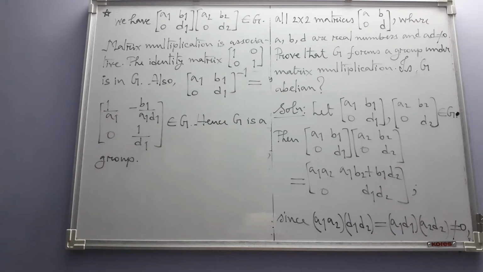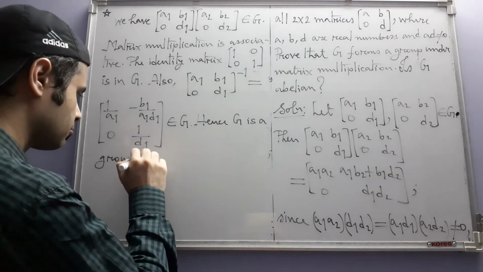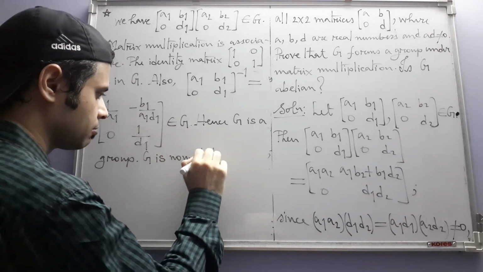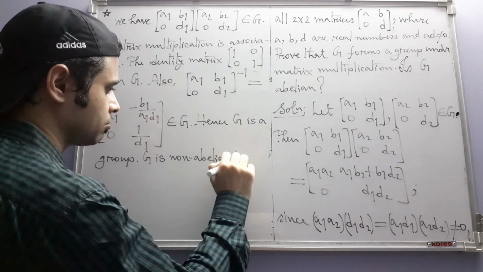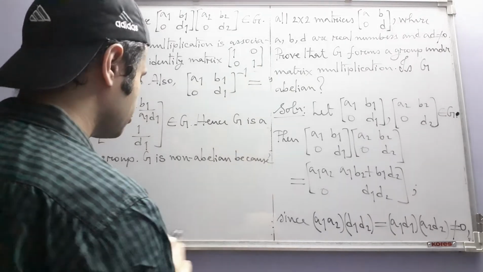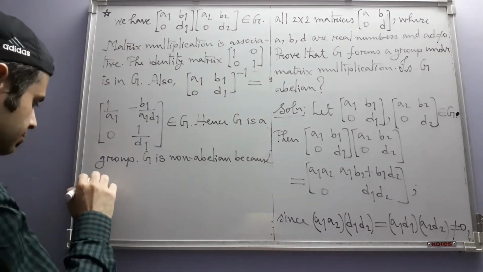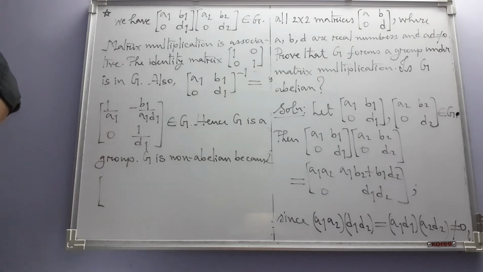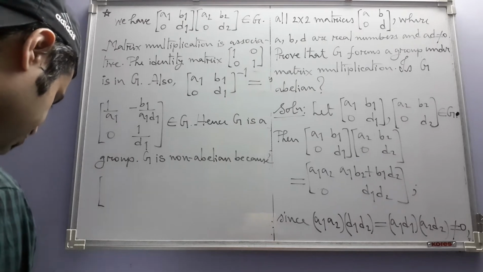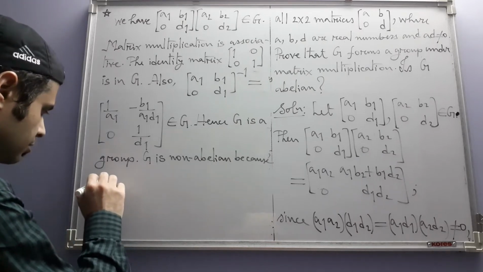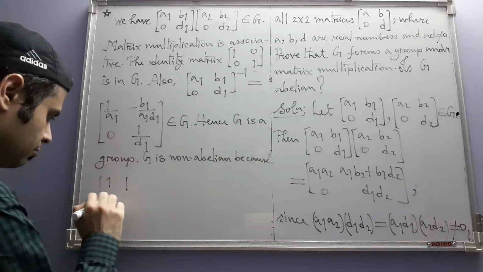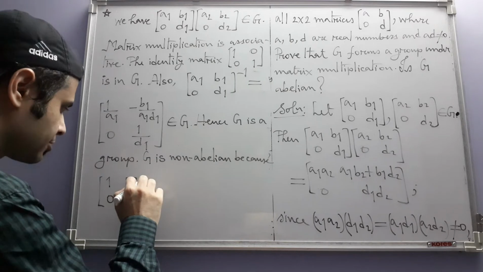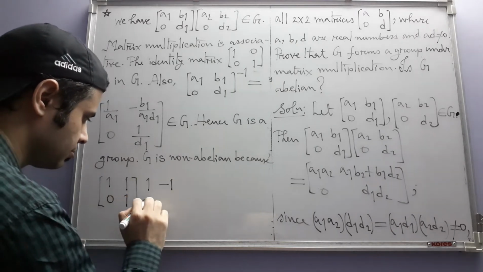Next, we have to see whether it is abelian. G is non-abelian because we have to show two non-commuting matrices, and those matrices are, here I have an example, so I will use it. Actually, we can take any.